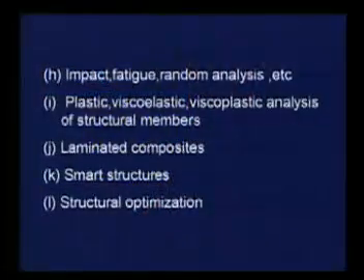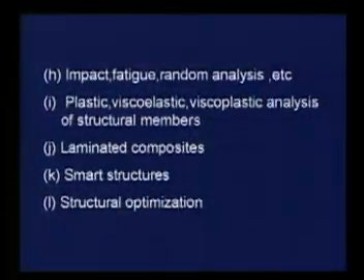Now we have new materials, new structures which are coming up. For example, laminated composite plates and shells are used heavily in most fast moving vehicles, for example the light trains, the light cars, the race cars, and most of the aircrafts.